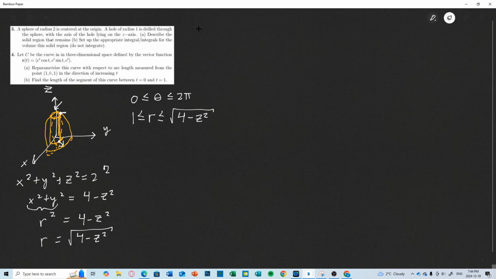So if we come up here, x squared plus y squared plus z squared is equal to 2 squared. And since when we're at a maximum, our x or y is going to be equal to 1, since that's the radius of the cylinder, we're going to make this 1 squared plus 0 plus z squared is equal to 4.